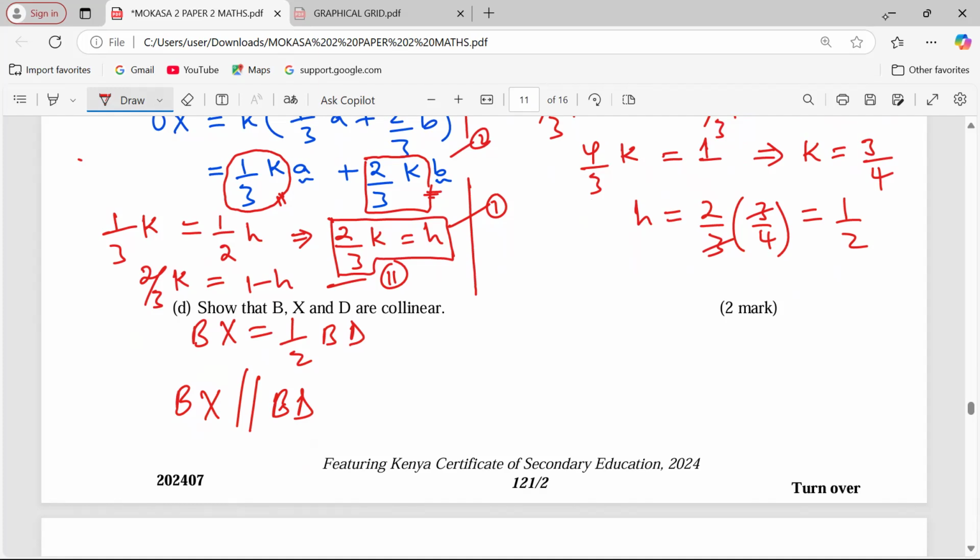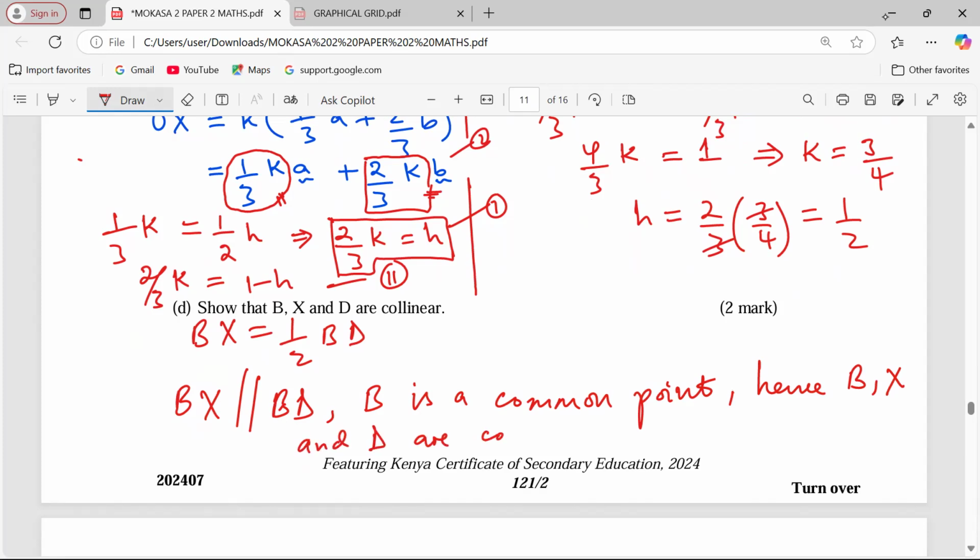And with that proven, we can also see that there is a point appearing twice. That is point B. B is a common point. Hence, B, X, and D are collinear.